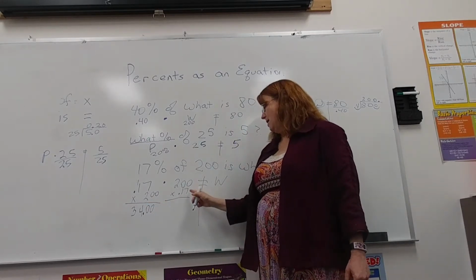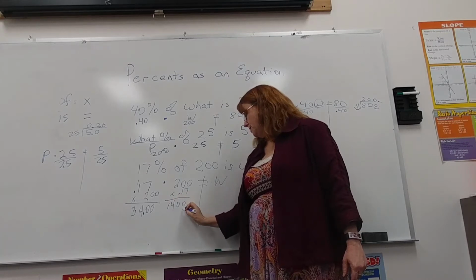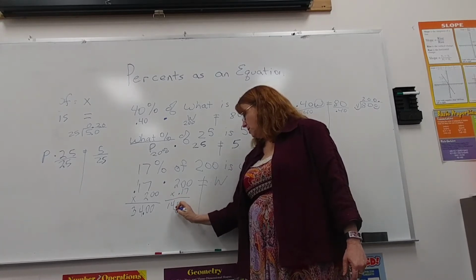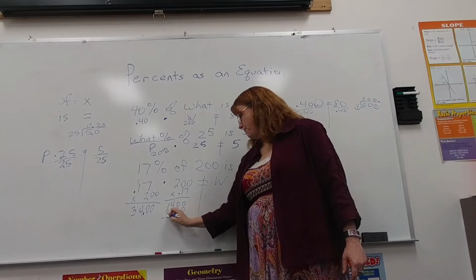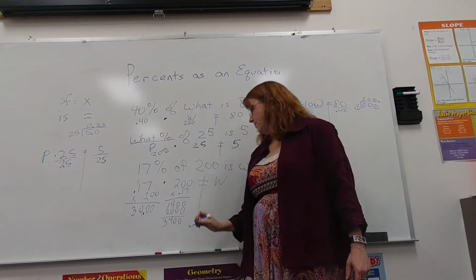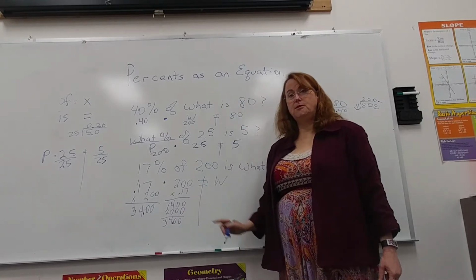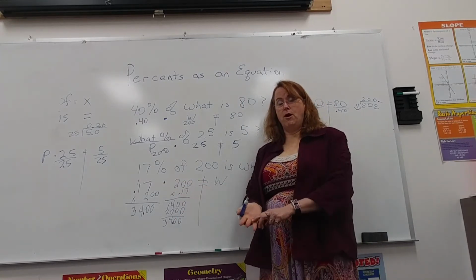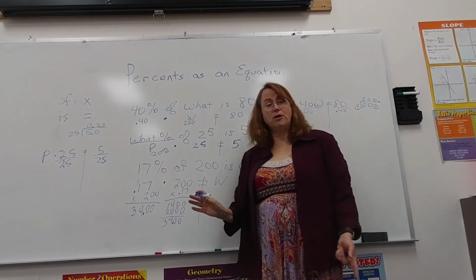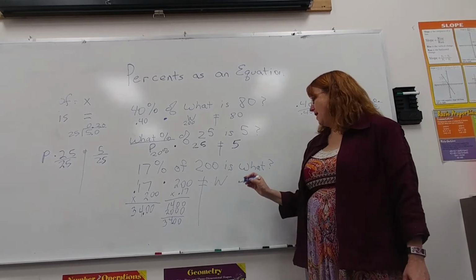If I did it the other way, I have to go 0, 0, 14, placeholder 0, 0, 0, 2, 0, 0, 4, 3, 2 decimal places, I get the exact same answer. This makes us not have to do that second row. Either one works, just something new to think about. So you get 34. You want to put that into your problem.